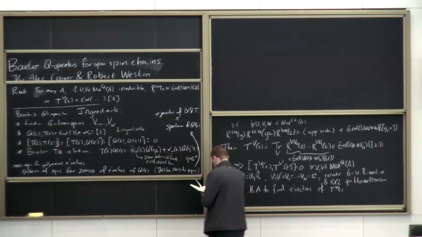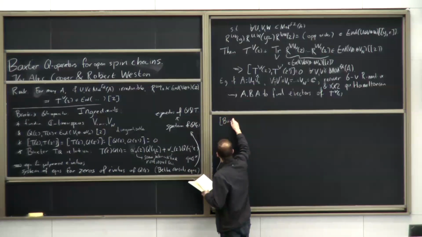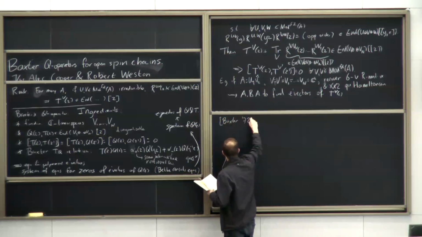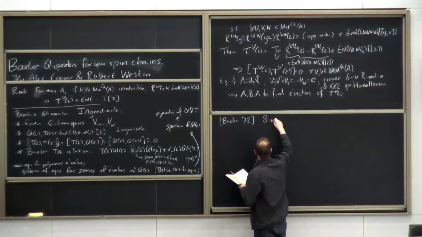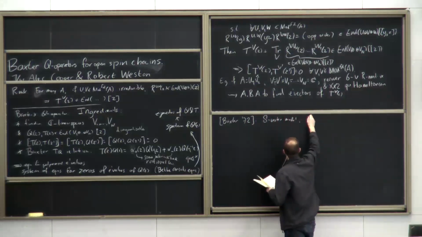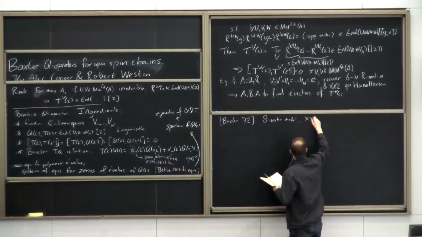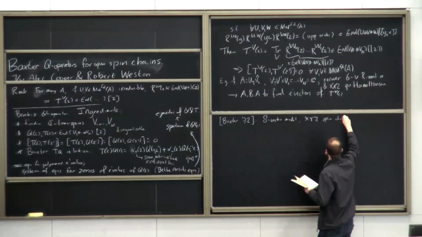The historical note is that Baxter came up with this in the 70s, a very beautiful, very intricate approach. But it wasn't directly generalizable. It was kind of an ad hoc approach.